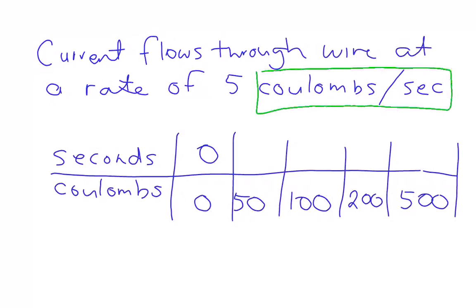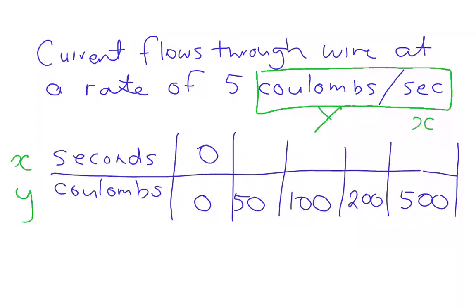Based on our learning from the previous question, the first unit of measurement used is y, and the second one is x. So if we come down to the table, seconds is x and coulombs is y.